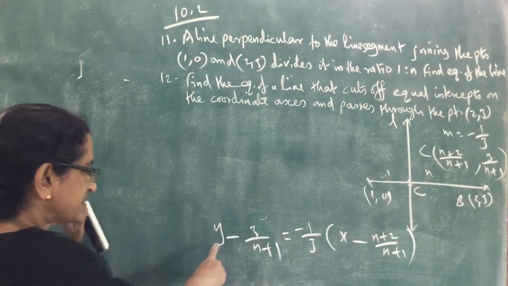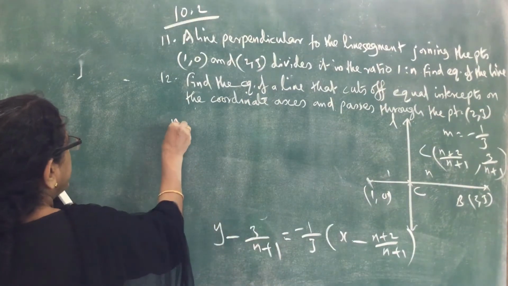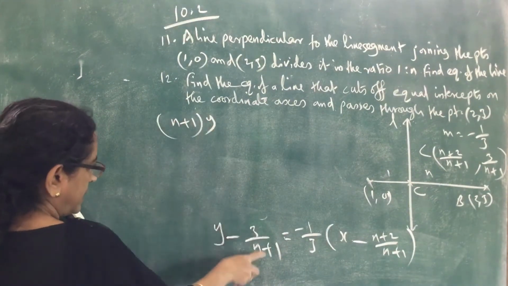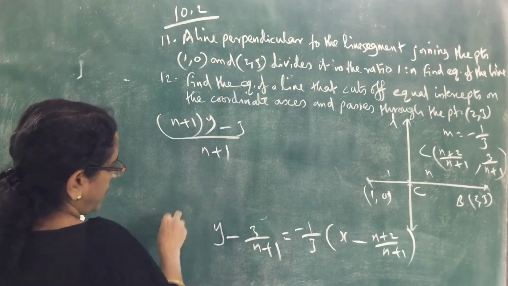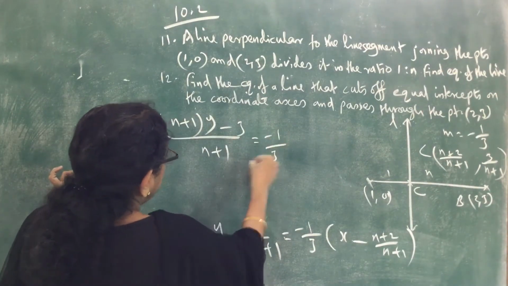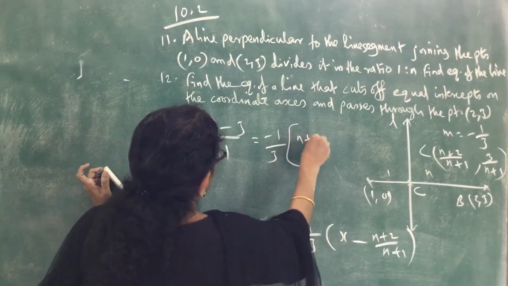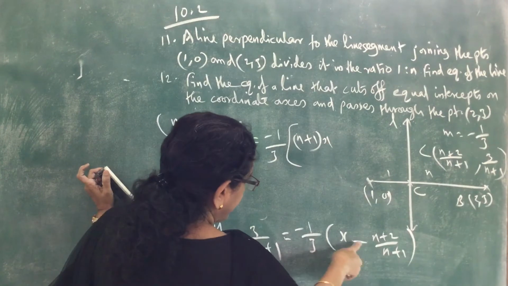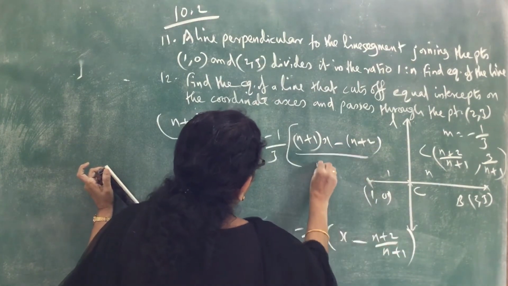Now simplify. See here, when we multiply, find the LCM. So we get (n plus 1 into y minus 3) whole divided by n plus 1 equals negative 1 by 3 into (n plus 1 into x minus n plus 2) whole divided by n plus 1.